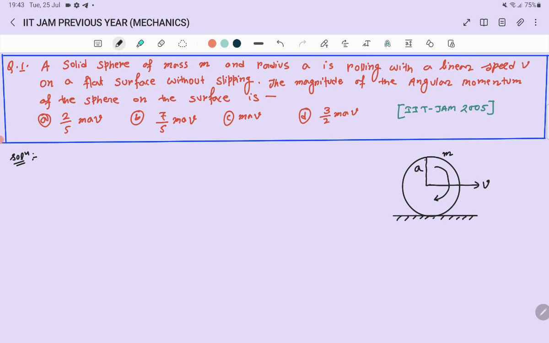Whenever there is a combined rotational and translational motion, the formula for the total angular momentum L is the angular momentum about the center of mass, L center of mass, plus m r cross v.